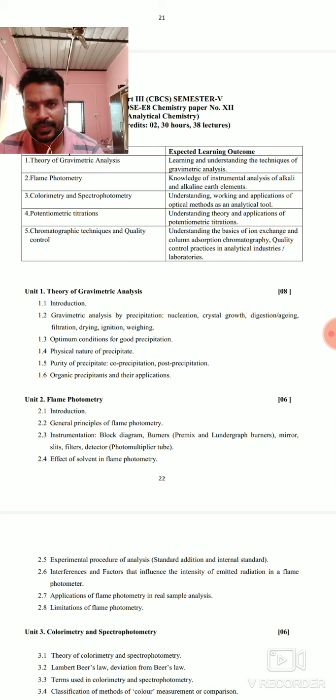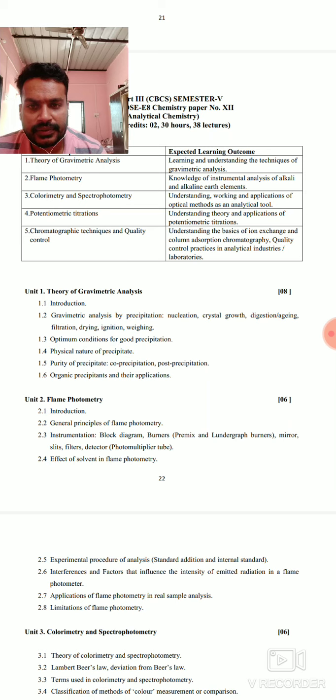As we know that the environment contains a number of alkali metals and alkaline earth metals, and analysis of these metals is very important for the medicinal field as well as the agriculture field. Hence, by using the flame photometry technique, we can carry out quantitative analysis as well as qualitative analysis of these alkali metals and alkaline earth elements.